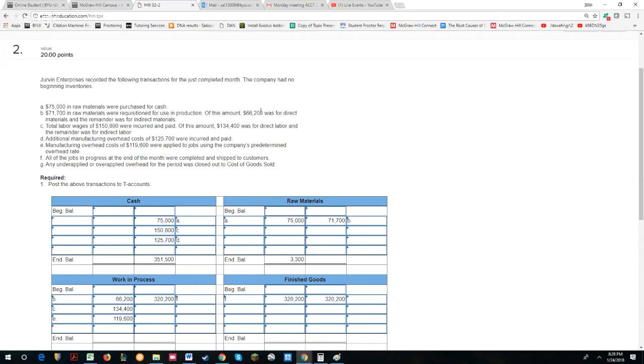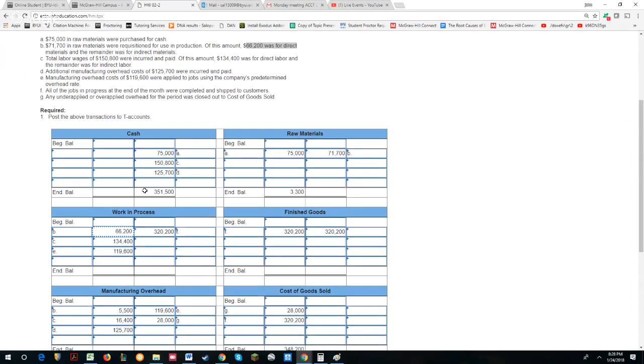So if I'm remembering right, I think direct materials are work in progress, and then indirect go to manufacturing overhead. And it's a debit in both. Is that right? I think so, yeah. And so let me grab my calculator real quick. I gotta subtract those two.